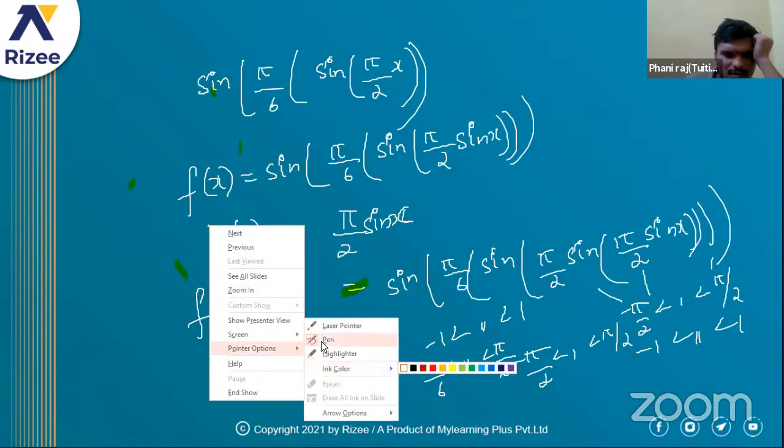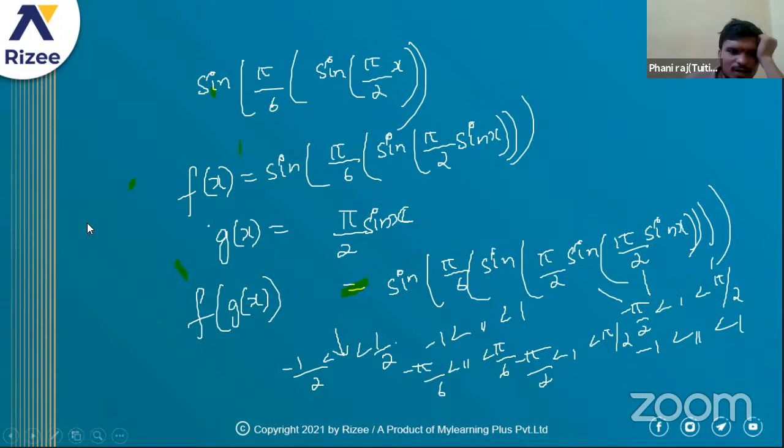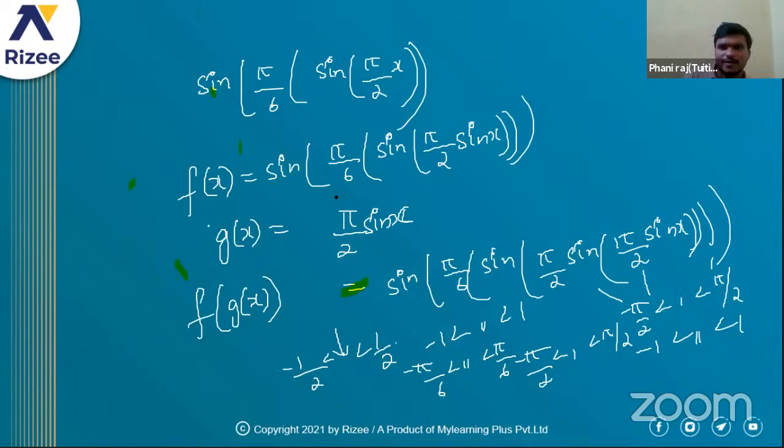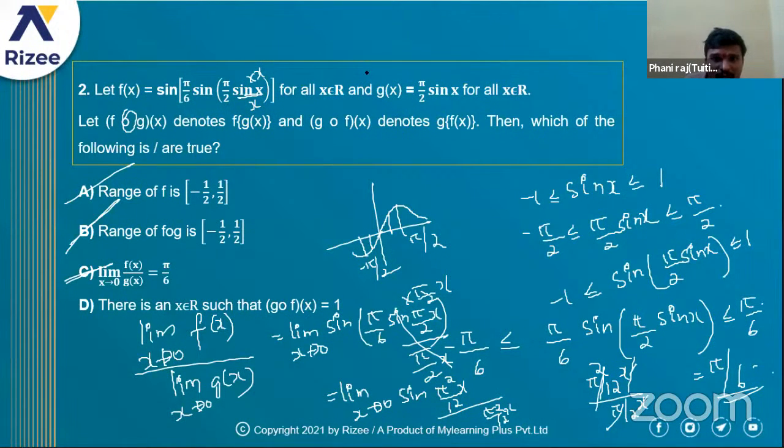I'm just going to write here somewhere because there's a new screen now. So you see, if at all you want g of f of x to be equal to 1, that means this sine of this entire thing must be equal to pi by 2, correct?